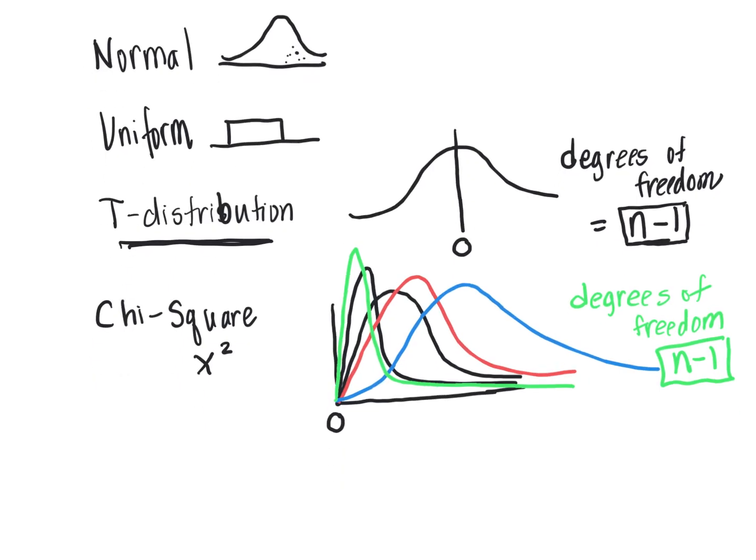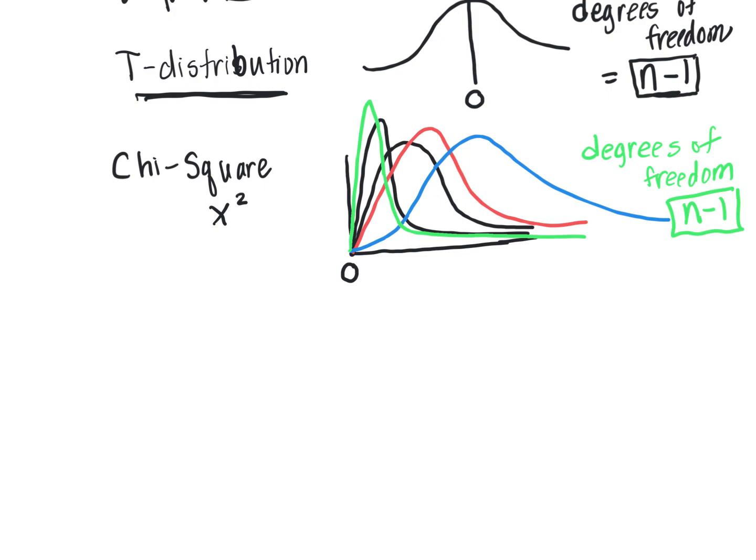And then the final one that we'll look at this week is called an F distribution. An F distribution is what happens when you divide a chi-squared by a chi-squared. So if you take a chi-squared divided by a chi-squared, you take something that's positive divided by something that's positive, still going to be positive, right?